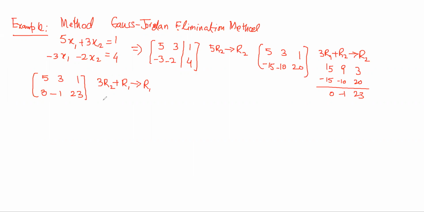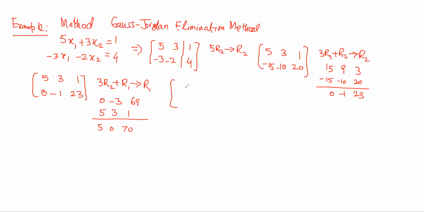When we multiply it by 3, it will be 0 minus 3 and then 69, and then now we will add it to 5, then it will be 3 and then it will be 1. So what we will get is 5, 0 and 70.